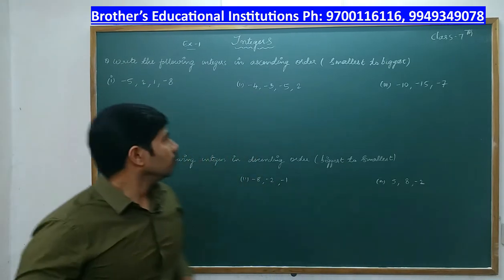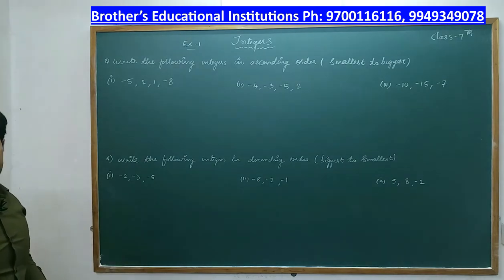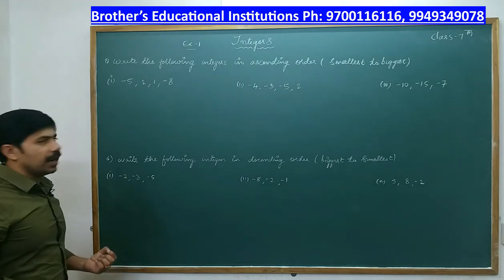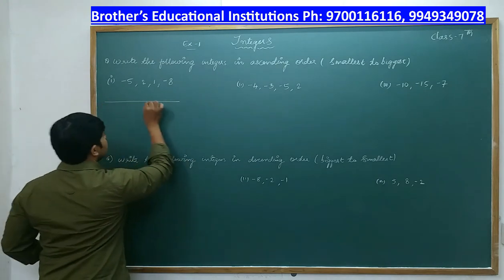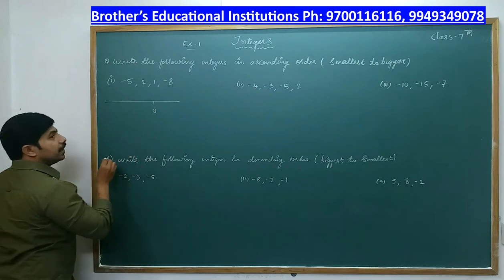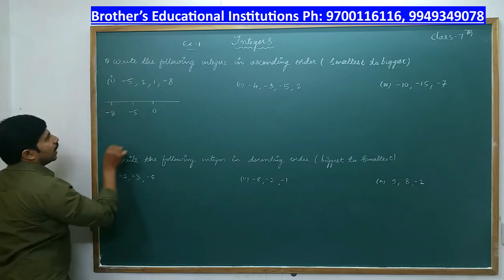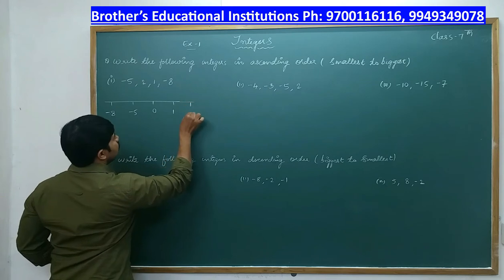Next problem. Write the following integers in ascending order, that is small to big. Ascending order means small to big. Here we have -5, 2, 1 and -8. Suppose we represent them on a number line, somewhere here we have 0, so the negative integers we get are -5 and then -8, and the positive integers on the right side of 0 are 1 and 2.